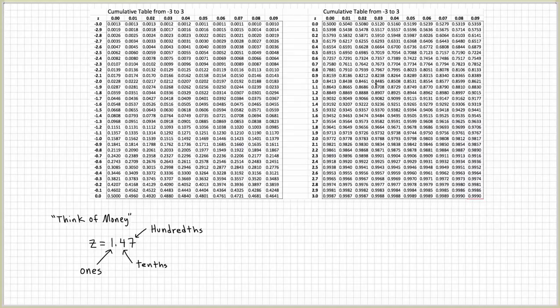The place value of the ones, you can change that to $1, $2, $3. You can even put negative 1, negative 2. In the tens place, you have 40 cents. You can have 50 cents, 60 cents, 70 cents, and so forth. In the hundreds place, you can have 8 cents, 9 cents, and so forth.